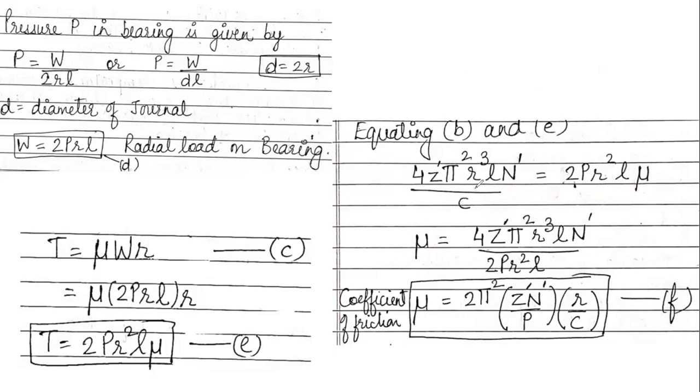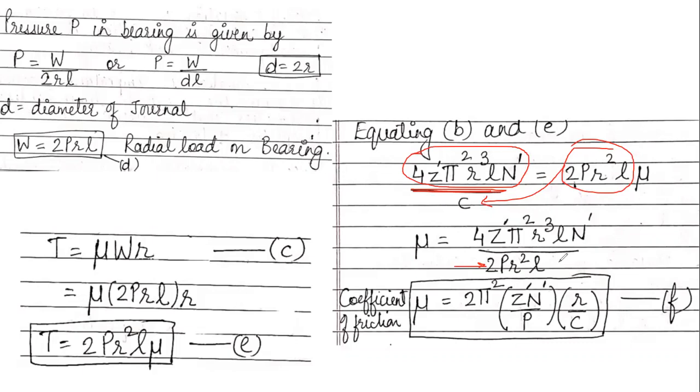This will happen this way. 4z dash pi square r cube L n dash divided by this whole thing. This much portion will come down here multiplied by C. So you can see here 2P R square L.